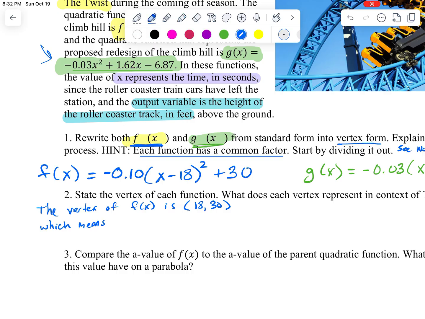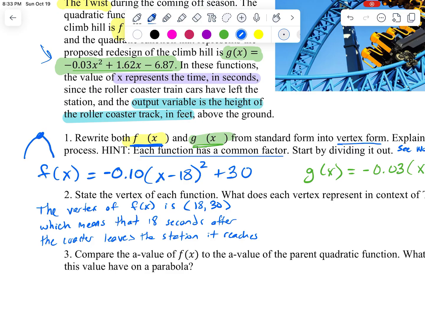So that means after 18 seconds after leaving the station, the roller coaster is 30 feet off the ground. So that means that 18 seconds after the coaster leaves the station, it reaches, and it's not just that it reaches that height, but it's actually the apex, because we did say it's the vertex, which means our parabola looks like this, and this spot right here is that vertex.